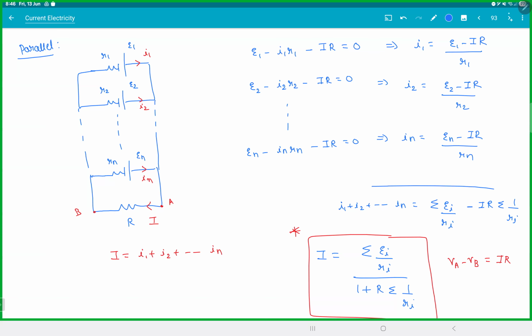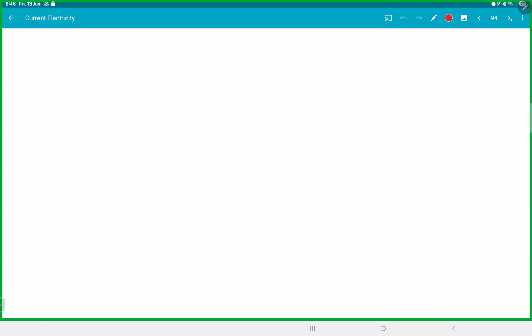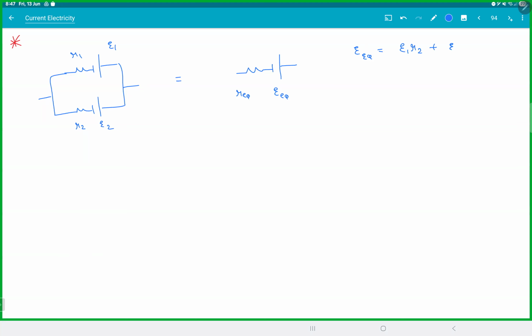Now, the next one, remember this formula. It will be quite useful. If you had only 2 cells, R1, E1, R2, E2 in same polarity, you can replace this with one battery, E equivalent and R equivalent, where E equivalent is (E1 R2 plus E2 R1) by (R1 plus R2).